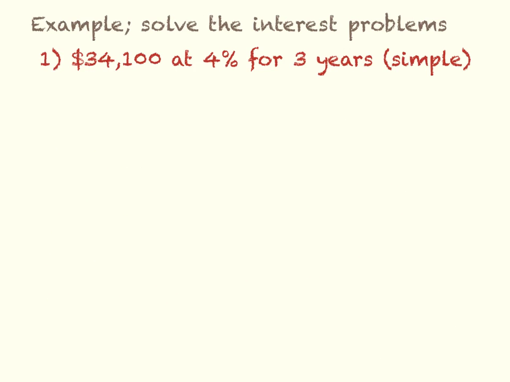So we're going to do some examples here. The first one, we have $34,100 at 4% for 3 years, and it's simple interest. We want to find the interest, solve the interest problems. So we know simple interest, I equals P times R times T. So I just fill in what I have.